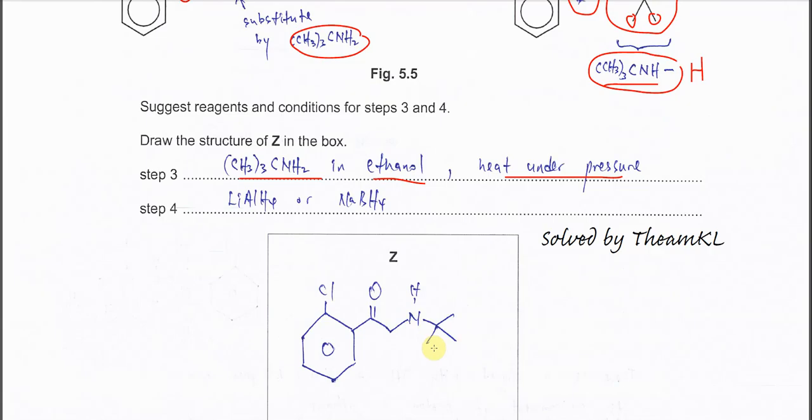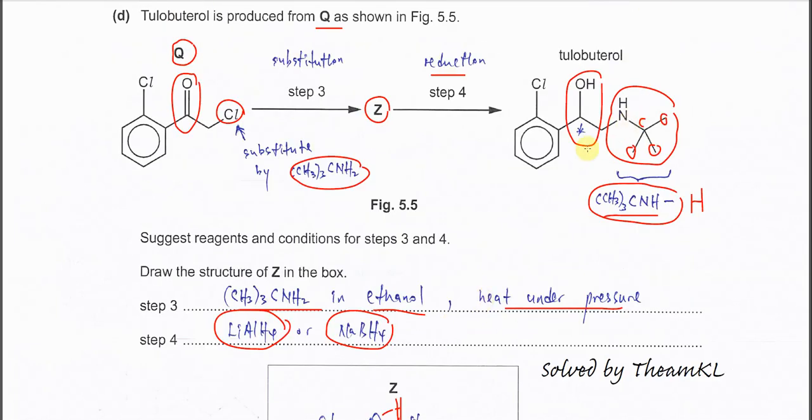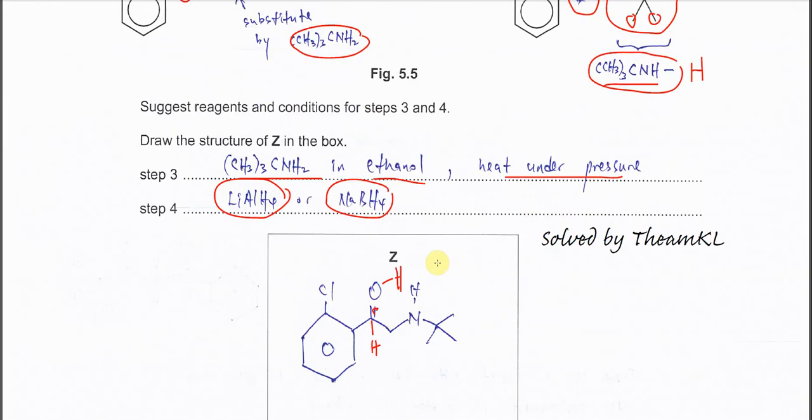Then step 4 is the reduction. We can use lithium aluminum hydride or sodium borohydride. The Z here will add 1 hydrogen, the carbon will add 1 hydrogen, and the double bond is gone, so it forms tulbutol. This is step 3 and step 4.